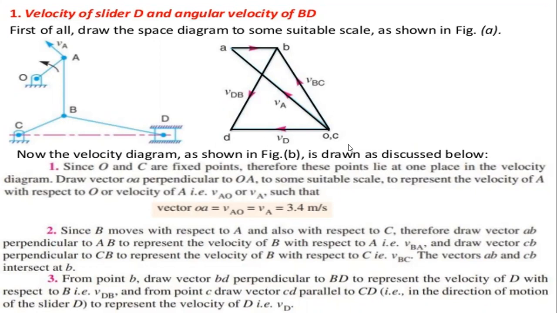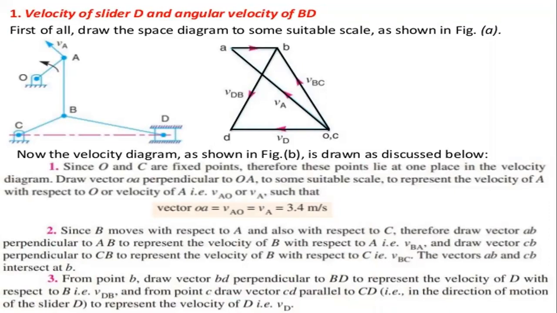So first of all, the space diagram is drawn to a suitable scale. This is the space diagram, which is in the first figure. And then we need to draw the velocity diagram.